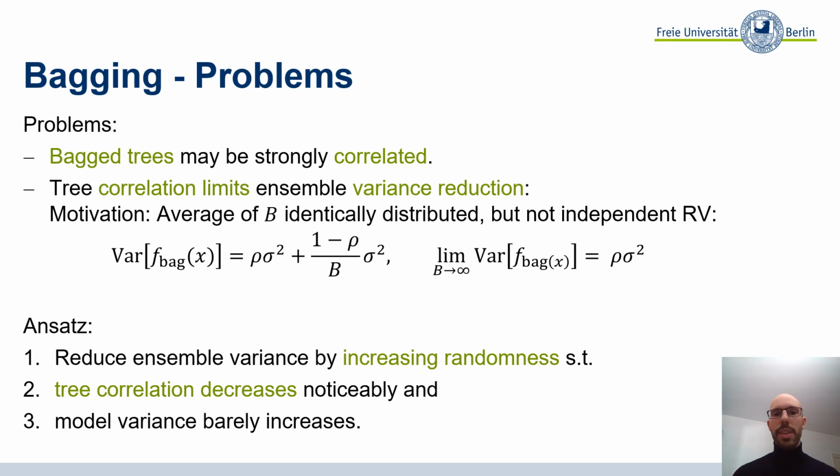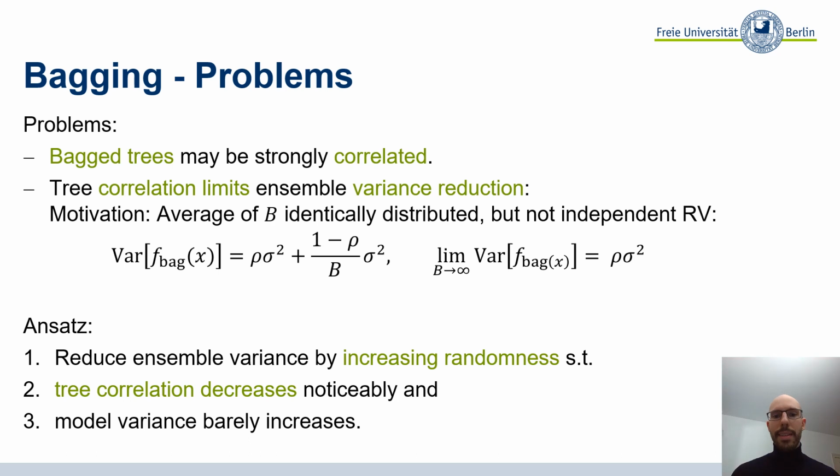The idea is that you model your predictors as identically distributed but not independent random variables, and then you end up with this expression for the variance of the bagged model, where sigma squared is the variance for each model, and we assume all models have the same variance since they're identically distributed, and we assume that each two models have the same correlation rho.